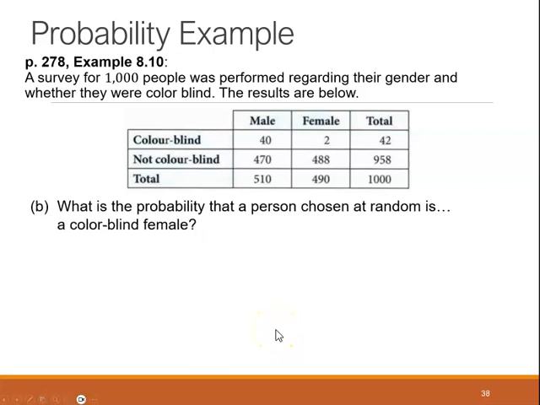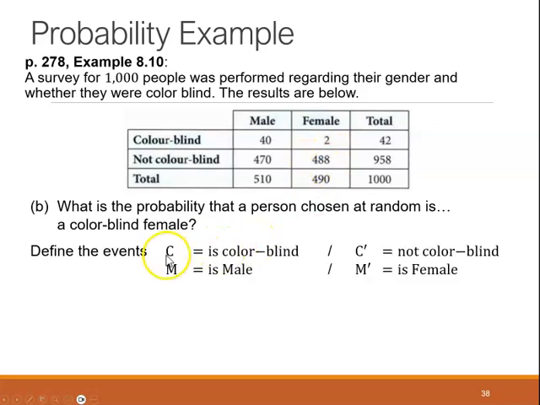Okay. What is the probability that a person chosen at random is a colorblind female? So again, this is colorblind and not male.